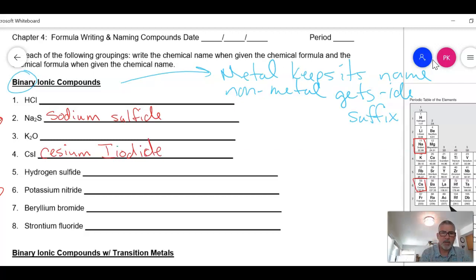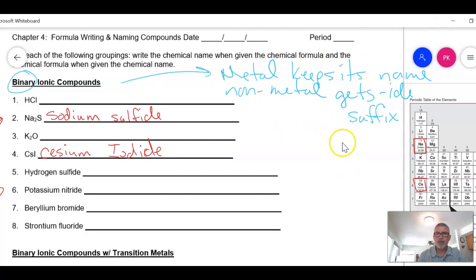There's an extra I in there, I don't know why. So cesium iodide.